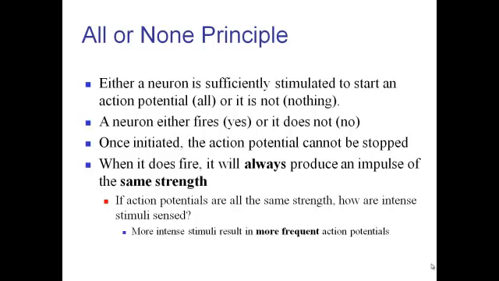But if each neuron produces an impulse always at the same strength, then how are we as human beings able to tell the difference between weak stimuli and strong stimuli?